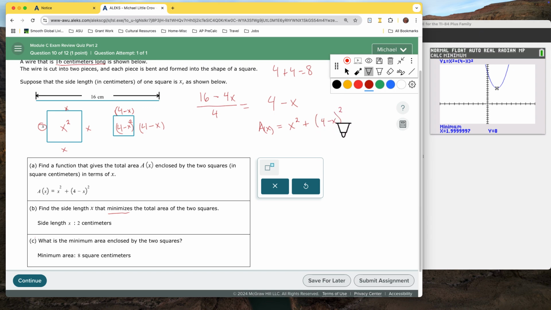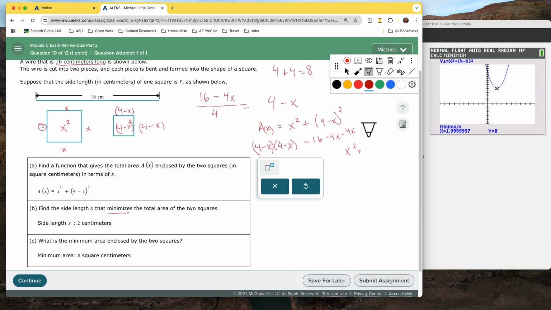But here's what I would need to do if I didn't have the graphing calculator: FOIL this part out. So I would take my x squared, and FOIL out 4 minus x. Let's do that here. 4 minus x times 4 minus x. You get 16. You get negative 4x. You get negative 4x.